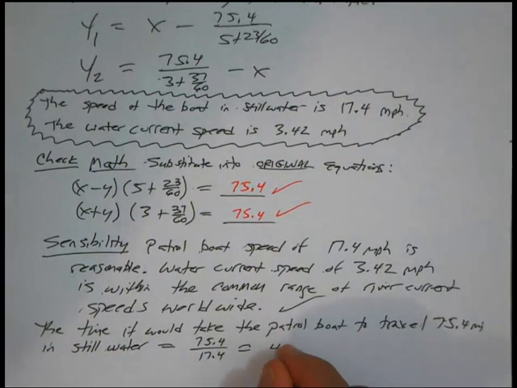4 hours, 20 minutes. Now, what do we expect of this time in still water? Well, we expect it to be intermediate between the time it takes the boat to do this with the current and the time it takes without the current. Is that the case? The against the current time was 5 hours 23 minutes. The with the current time was 3 hours 37 minutes.